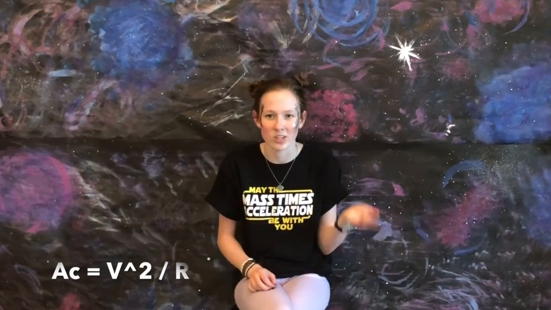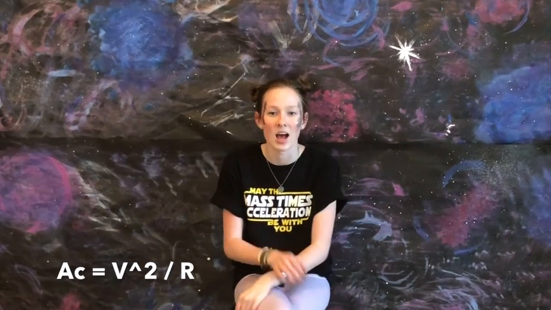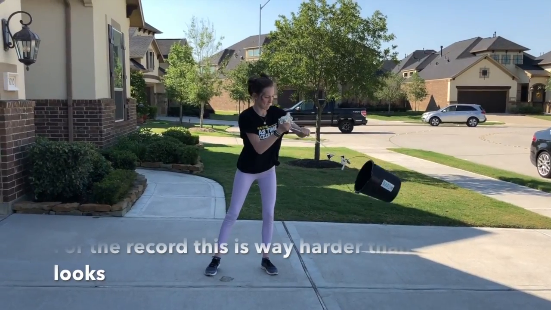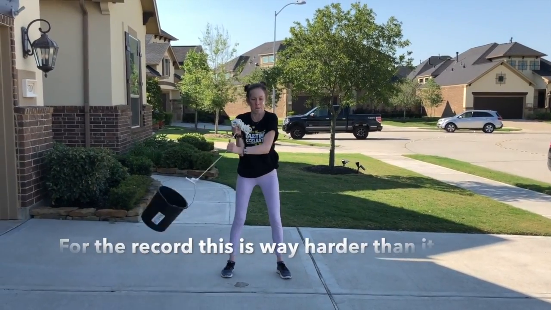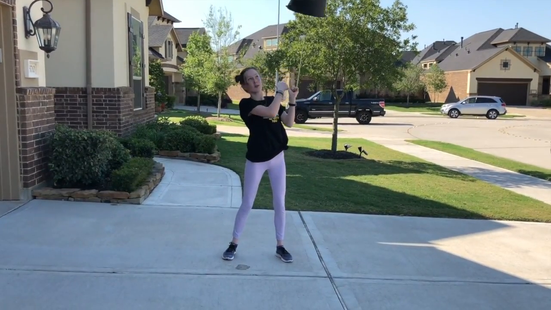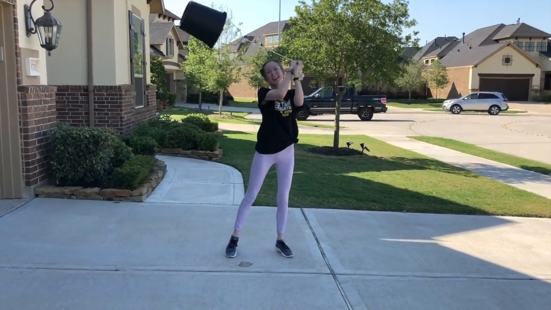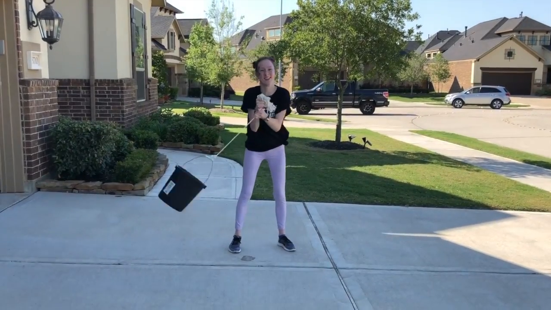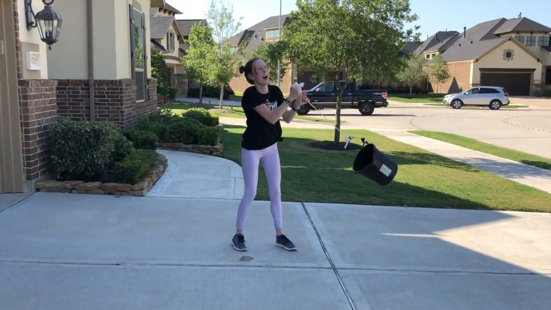So centripetal acceleration can be found in the equation v squared over r, and it is the rate at which the object's velocity is changing as you're rotating it. Take this bucket of water, for example. As you rotate it, the centripetal acceleration is what's providing the change in direction, and the force of tension in the string is the centripetal force that keeps it moving in a circle.